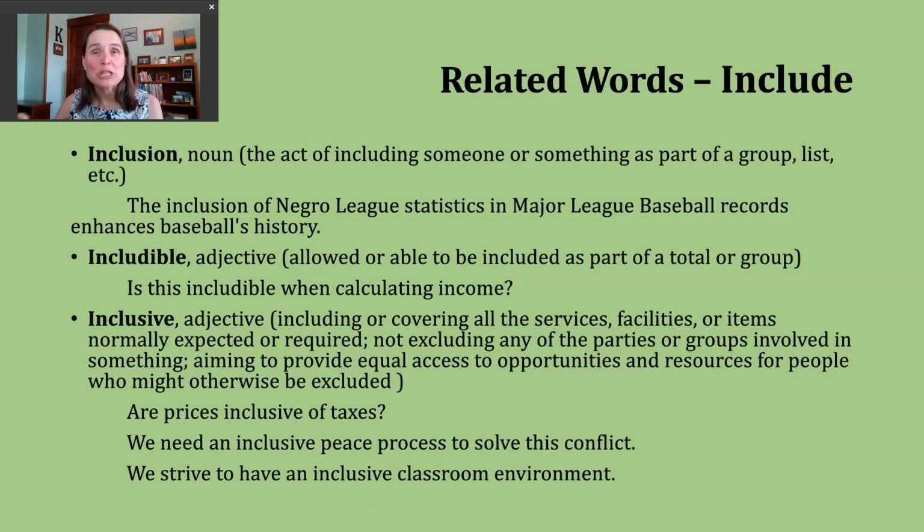So this third meaning of the adjective inclusive has been used a lot over, I would say, the last maybe 3 to 5 years, as we have become more aware, as there's greater conversation about people who have been marginalized throughout history. So an example of how you might hear this adjective used now, we strive to have an inclusive classroom environment. This really means we don't want people to feel like they're not in or they're not part of it.